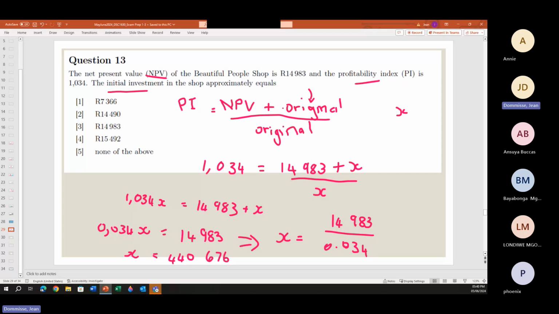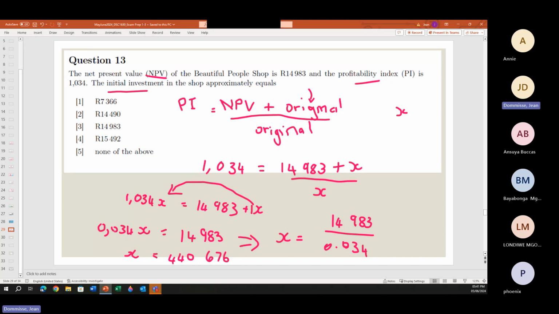So we've got our net present value, 14,983, plus x, because that is the original layout. Now it seems correct. When you take that over to that side, 1,034x minus 1x will give you the 0,034x.